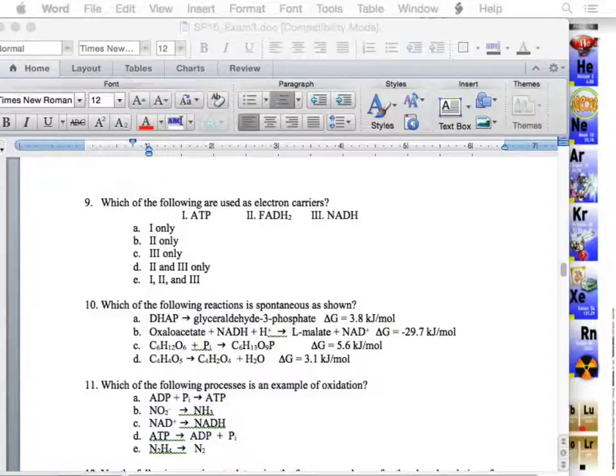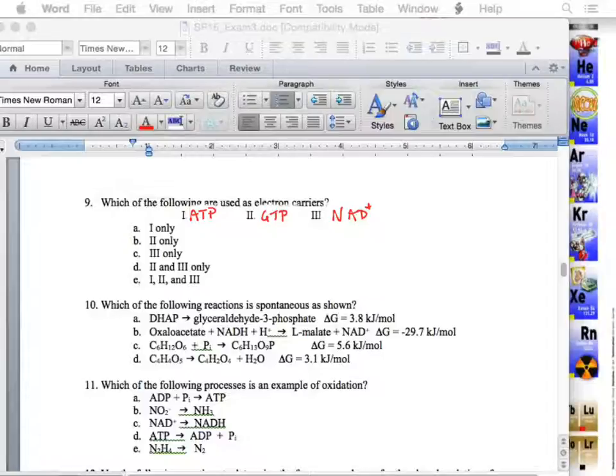What if I'd included, instead of ATP, FADH2, NAD plus? This would be kind of a mean way to do it, but we could approach that.